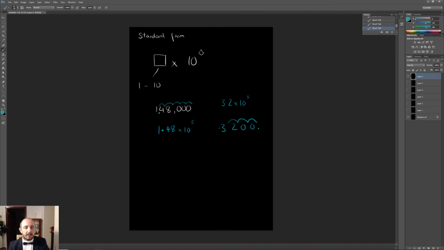So if we had these two numbers added together, then we would have to turn them into a normal number, add them together, and then convert them back into standard form. So 148,000, and then we have 3,200 like that, and add them together.